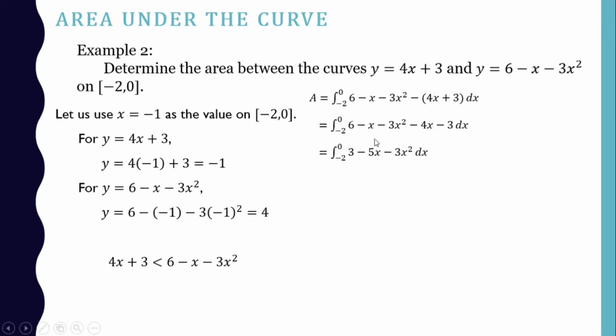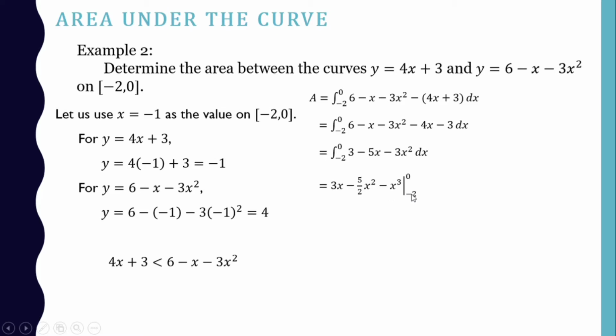Simplify further, this is 3 minus 5x minus 3x squared dx, again from -2 to 0. So get the integral of the given function. That's 3x minus 5x squared over 2, minus x cubed, from -2 to 0.